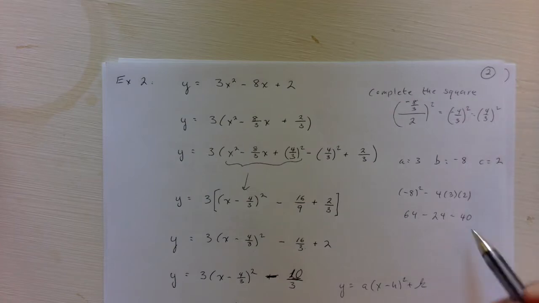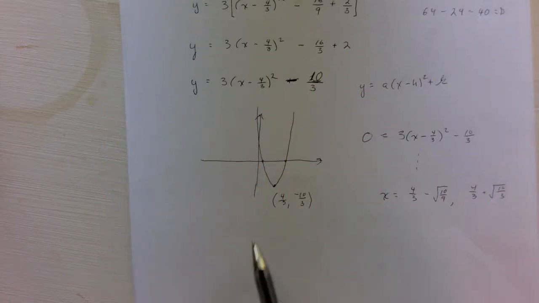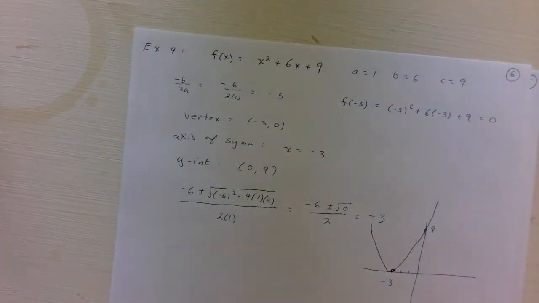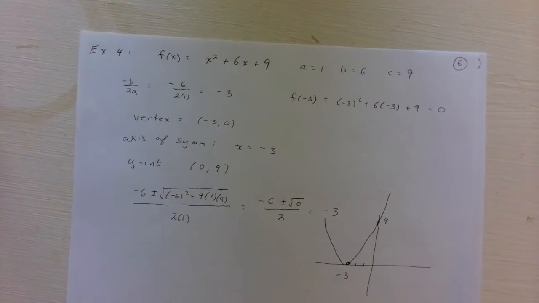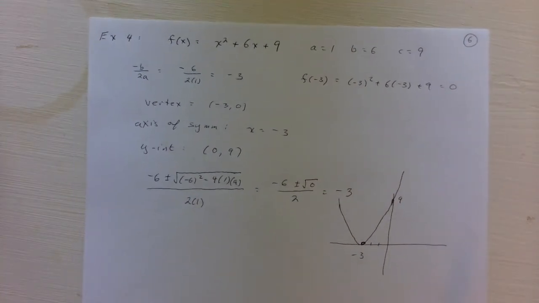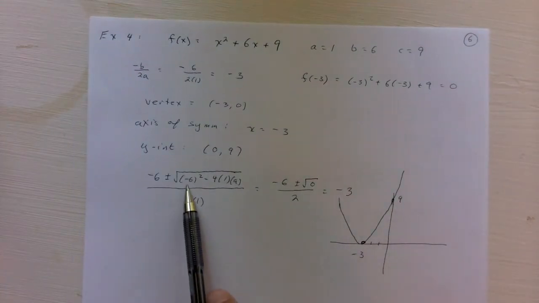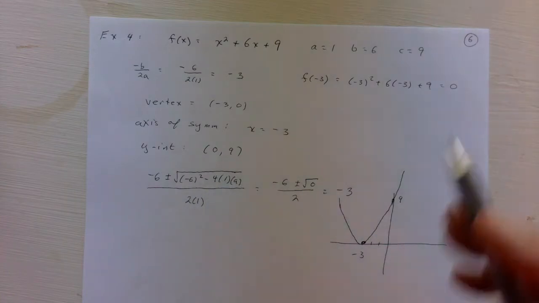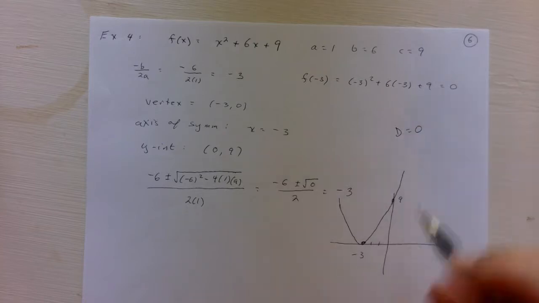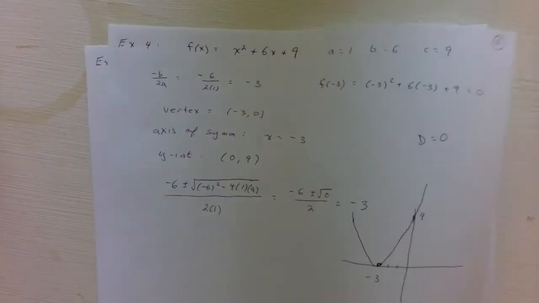That's our discriminant, and sure enough, we had 2 x-intercepts. In example 4, the discriminant was 36 minus 36, which is 0. So d was 0, and we had 1 x-intercept.